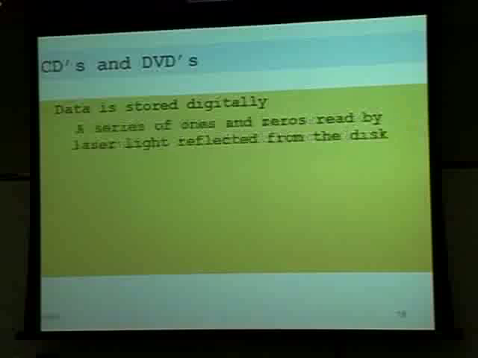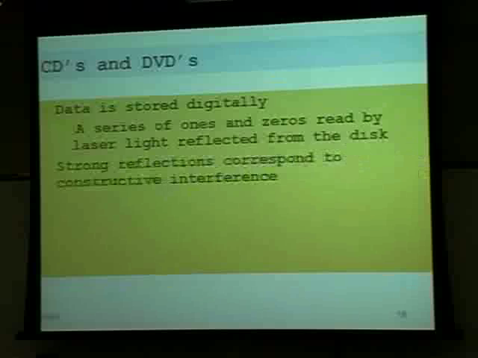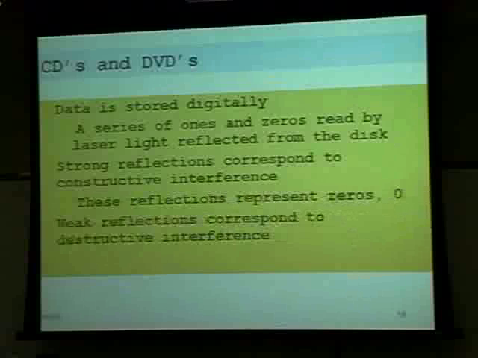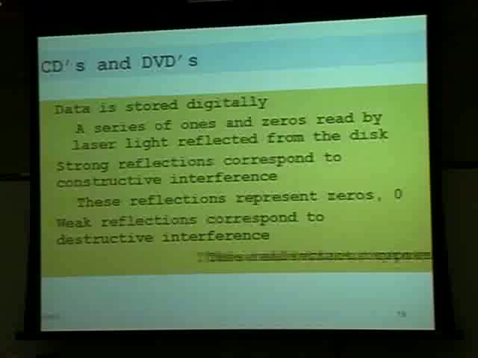Let me talk about this real quick. I don't want to detract from the main idea, but CDs and DVDs, since Josh mentioned it. Data is stored digitally, a series of ones and zeros read by laser light reflected from a disk. Strong reflections correspond to constructive interference. Those would represent 0. And weak reflections correspond to destructive interference. Those correspond to 1s.